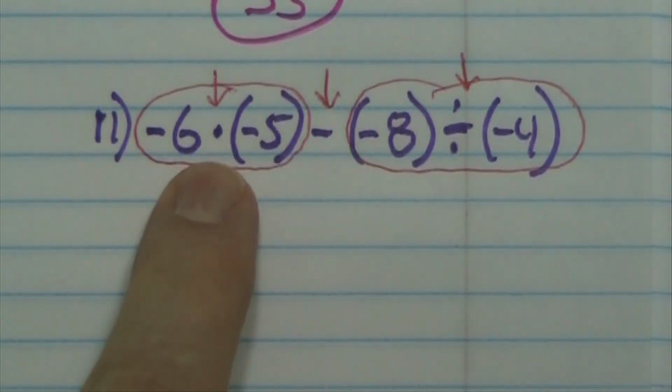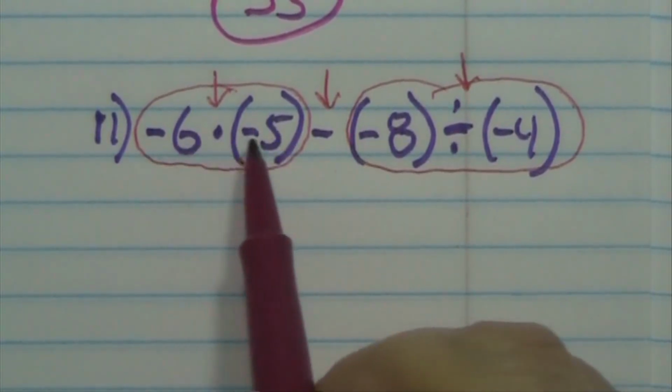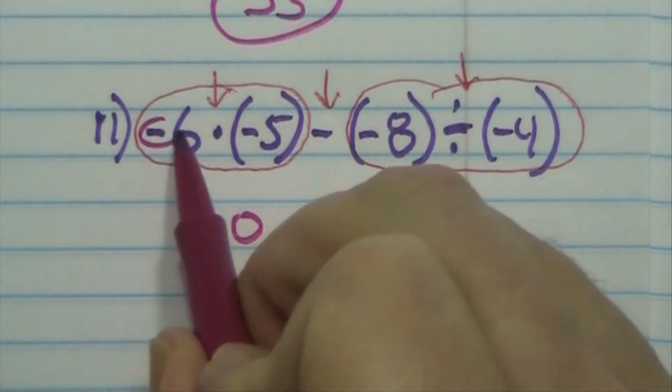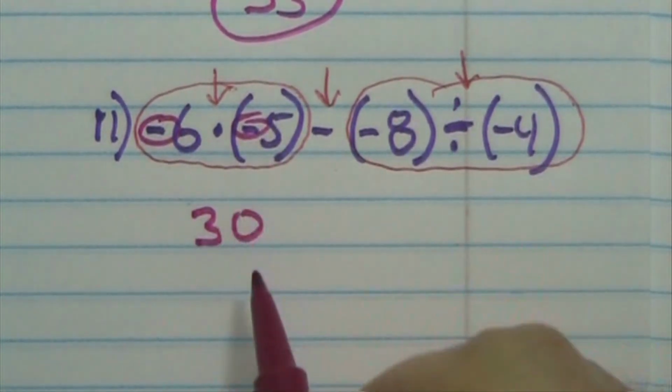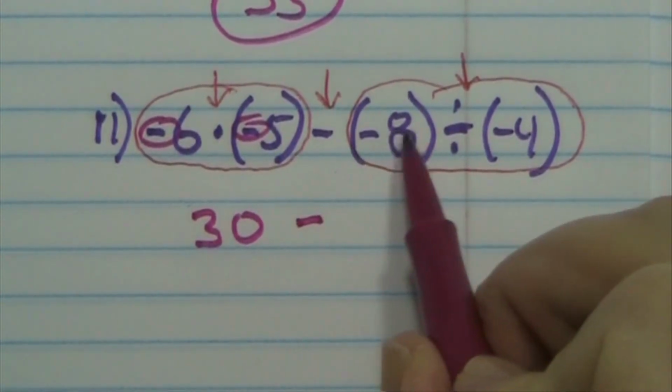So we'll take care of the multiplying first. 6 times 5 is 30. 2 negative numbers cancel. So it's positive 30. I have minus, and now I have this.